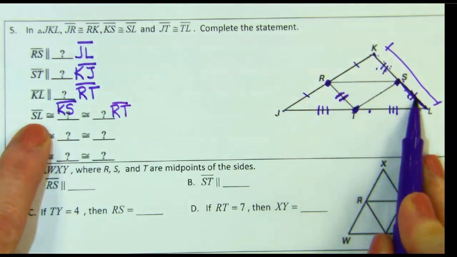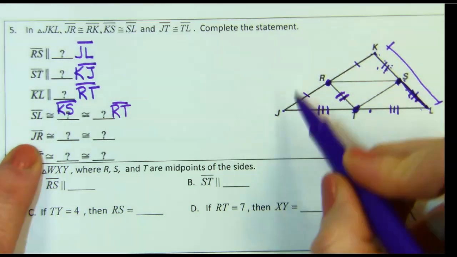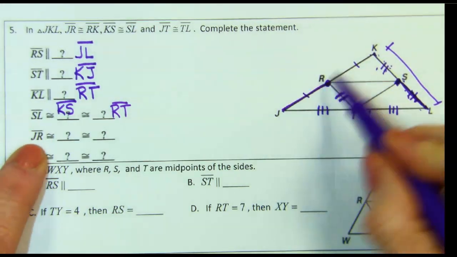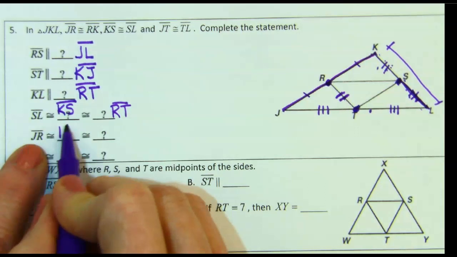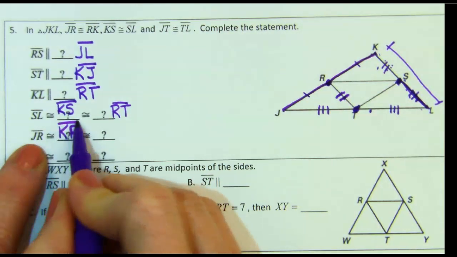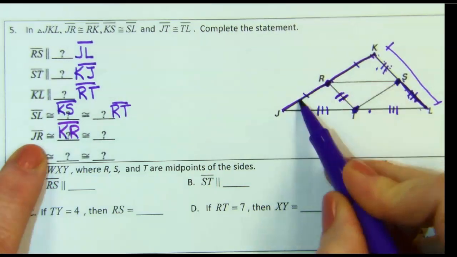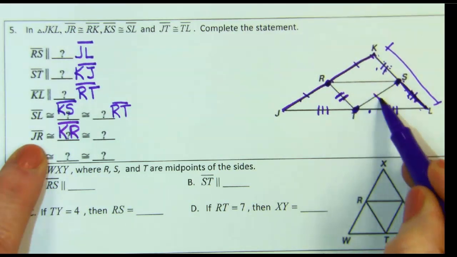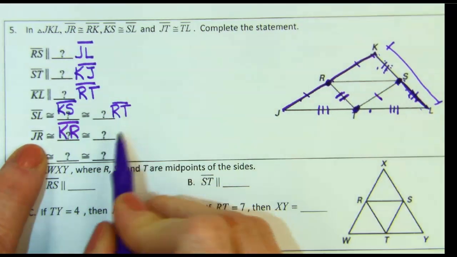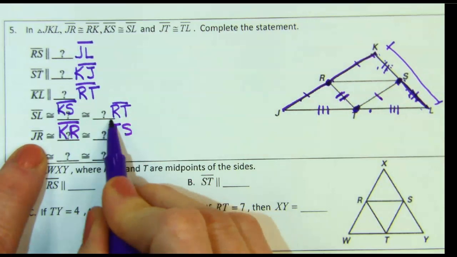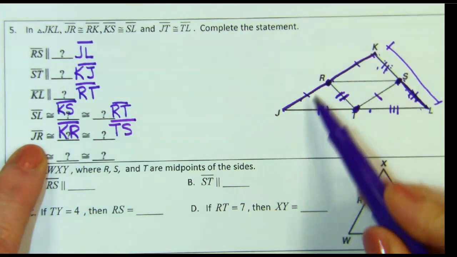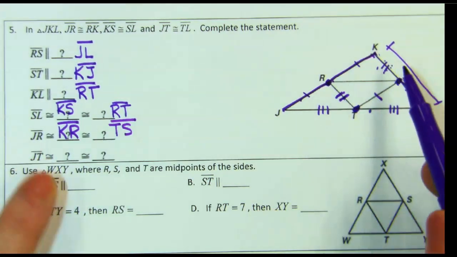Now notice this as we continue. JR here is congruent to KR, and you can even say RK. Well, who's its midsegment? TS, it'll get a tick mark, so we can say TS or ST. And now notice how we're marking everything up.